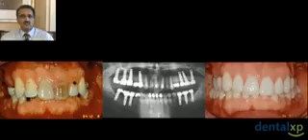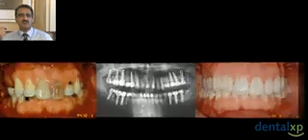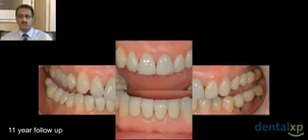And we can then really look at this type of interdisciplinary approach and understand whether it's really standing the test of time. And this is the important thing. And now we can look at the same patient some 11 years later, and we can see that pretty much everything is holding up quite well. However, on the right side of your screen, you can see that the patient's left side has had some changes.